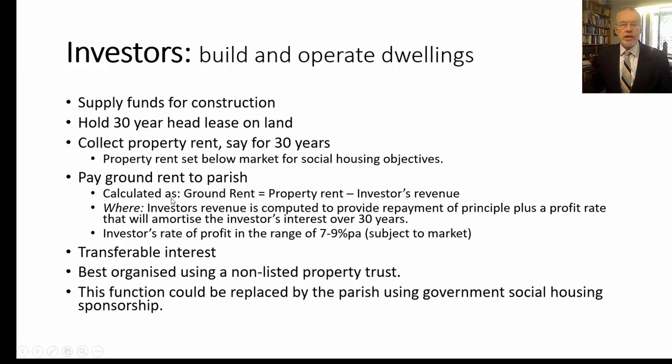The investor's revenue can be calculated by straightforward financial calculations that ensure that the repayment of the principal that the investors have put into the project in their construction, plus a rate of profit, will amortise over the investor's lease of 30 years. That's a relatively straightforward financial calculation.